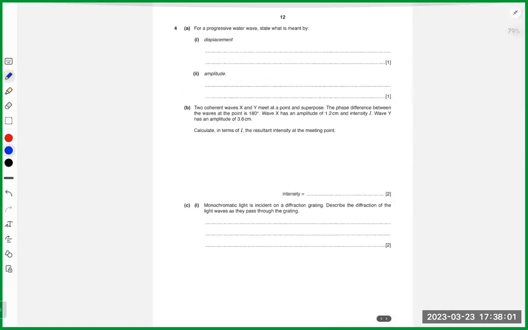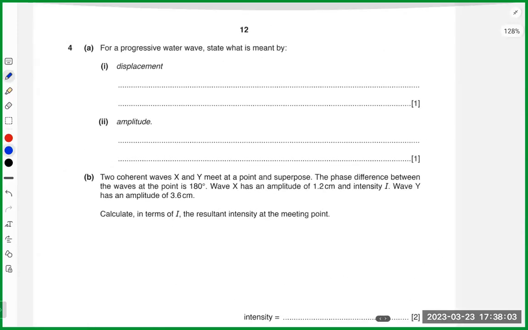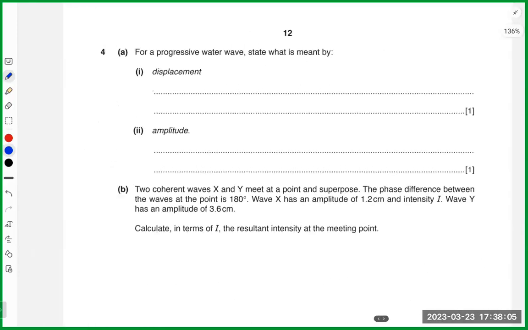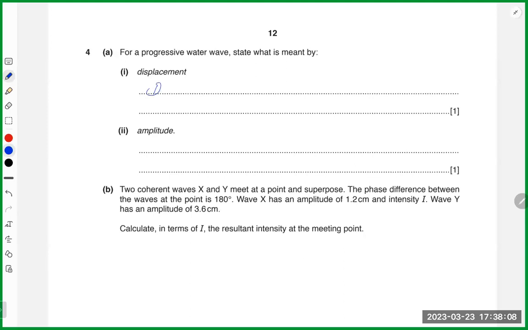Now, for a progressive water wave, state what is meant by displacement. Distance of a particle from its equilibrium position at any instant.